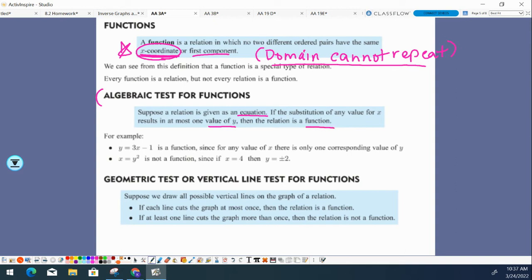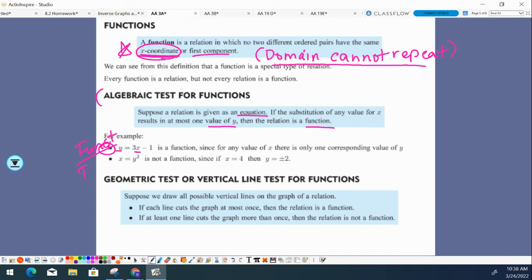But if you get multiple y's for each x, that means the x value is repeating. So going back to those two previous equation examples, for this one, anytime I plug in a value for x, I'm only going to get one y. So this we would say is a function, because I can only get one y for each x I plug in.